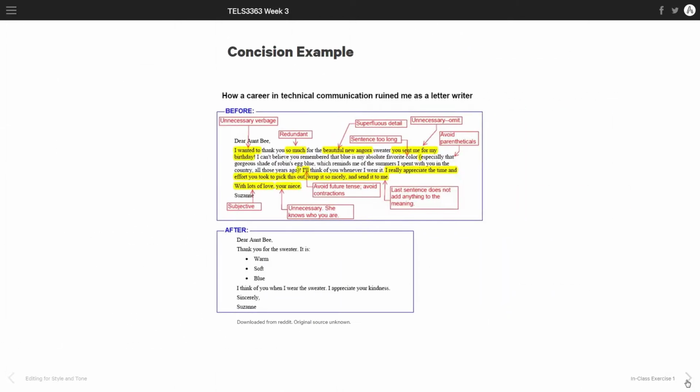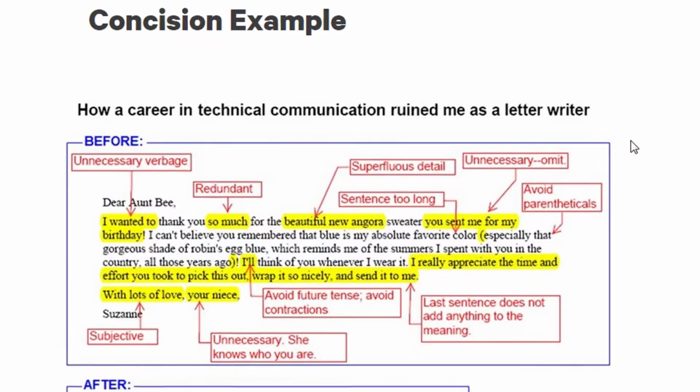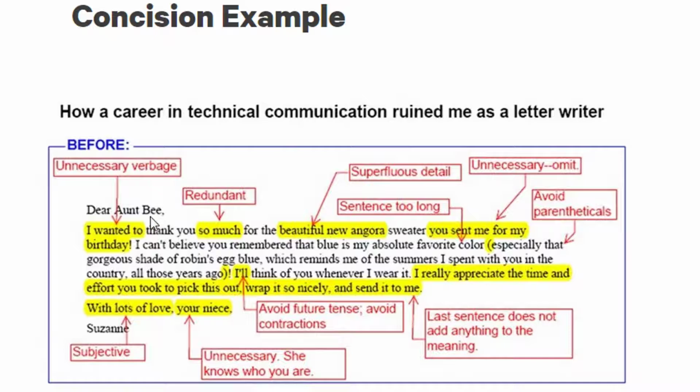All right, now we have some examples. This one is an example of concision. It's a joke, I get that, but it was from a topic of how a career in technical communication ruined me as a letter writer. So it starts off, Dear Aunt B, I wanted to thank you so much for the beautiful new Angora sweater you sent me for my birthday.